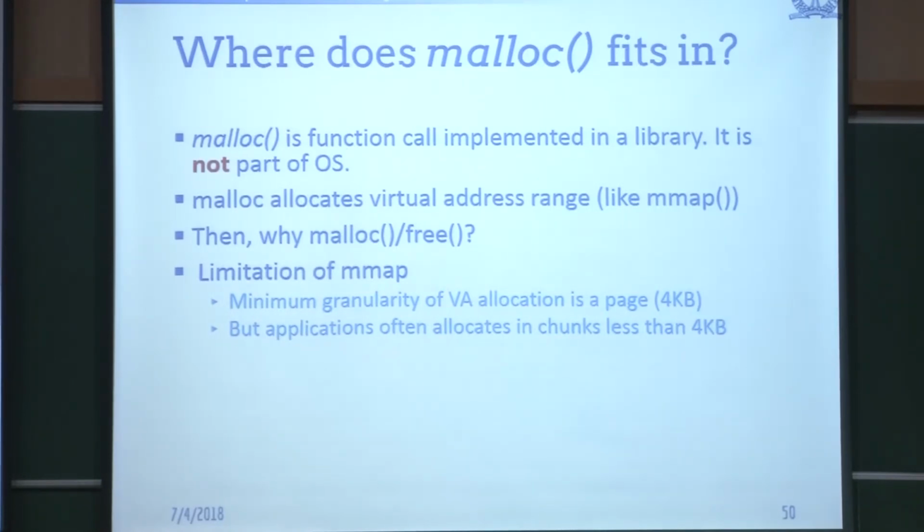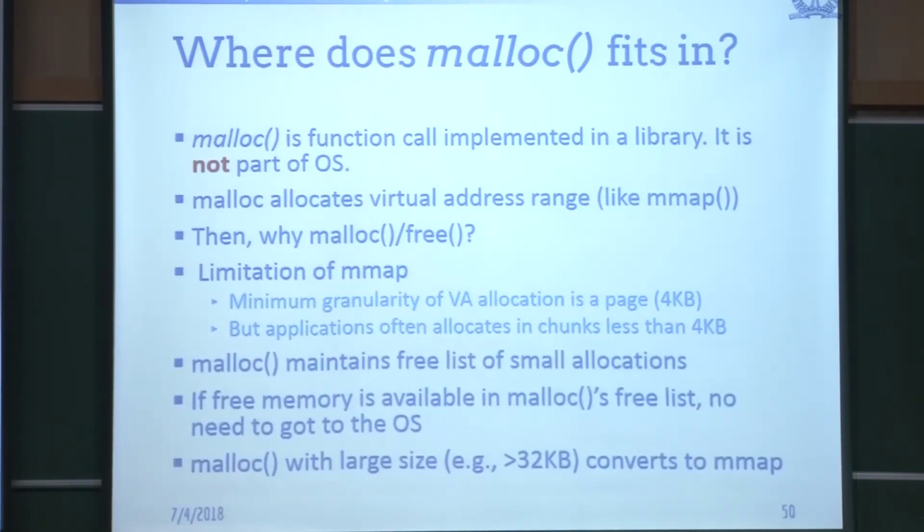That's where malloc comes in. Interestingly, if you try to do a malloc beyond a certain size, for example 32 kilobytes, the default, glibc automatically converts it to mmap. You don't know, but it just happens. So malloc is just for small allocation and deallocation. That's what it manages.